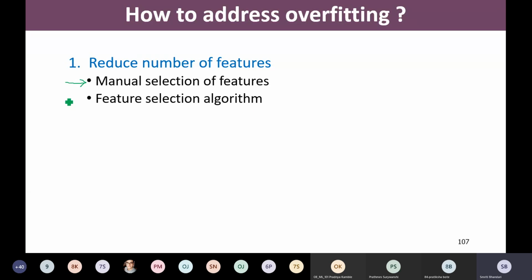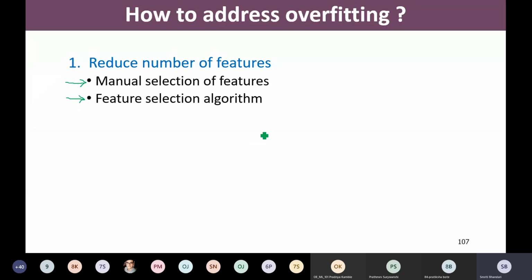By making use of these feature selection algorithms, it is possible for us to select the important features, the most dominant features, and then we make use of only those features, and it is possible to provide a solution for overfitting.